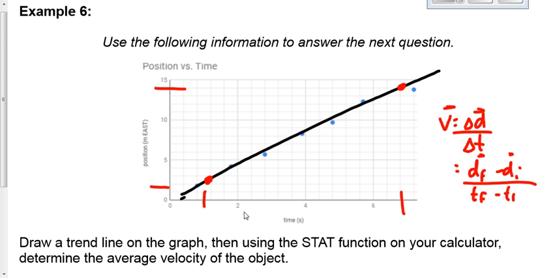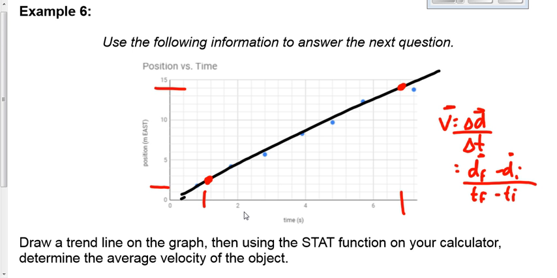That's the same thing, by the way, as saying rise over run. What's rise over run equal to? Slope, right? Slope is rise over run, or y2 minus y1 over x2 minus x1. Exactly the same thing as saying df minus di over tf minus ti. v is equal to delta d over delta t is exactly the same thing as the slope.